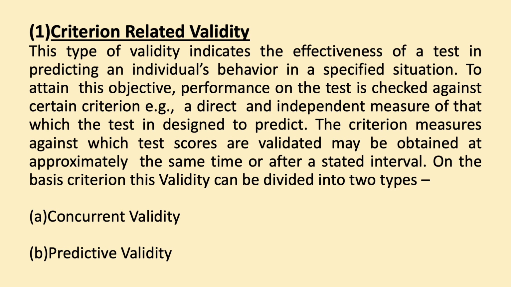The criterion measures against which the test scores are validated may be obtained approximately at the same time or after a stated interval. On the basis of criterion, test validity may be divided into 2 types: concurrent validity and predictive validity.